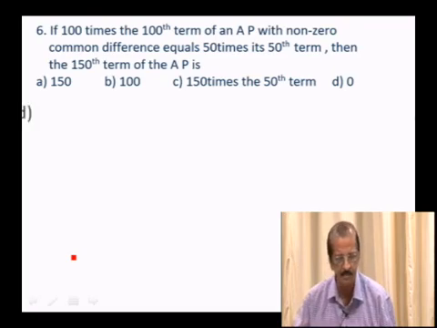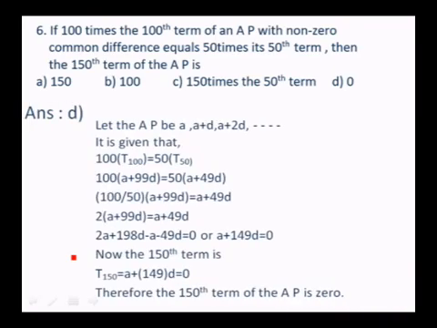So, let us see how it can be done. Let the AP be A plus D, A plus 2D, etc. It is given that 100 into T100 is equal to 50 into T50. Using the formula A plus (n minus 1) into D, we get 100 into (A plus 99D) is equal to 50 into (A plus 49D).